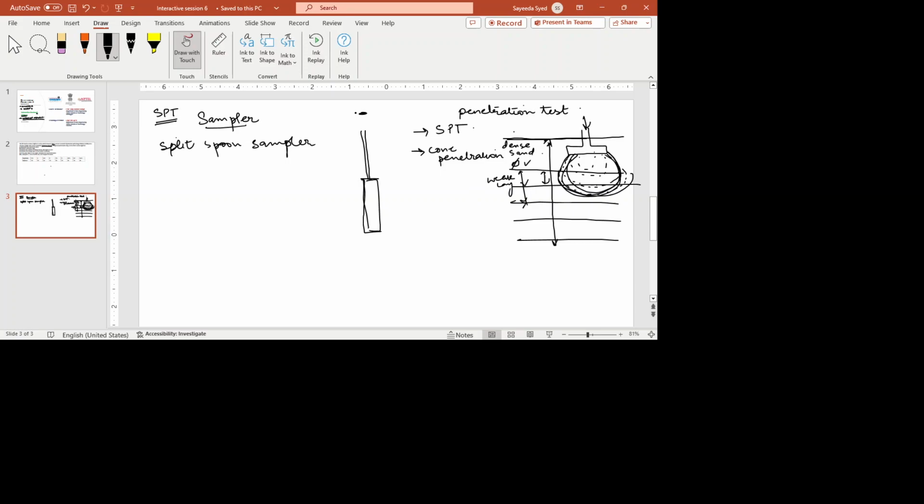Then we take a hammer that has a mechanism to be guided along guide rods, and we release the hammer from a given height.